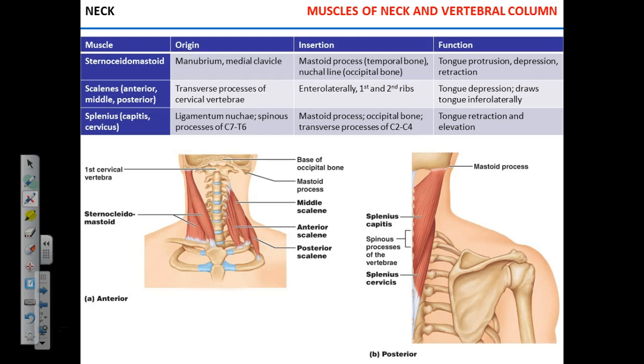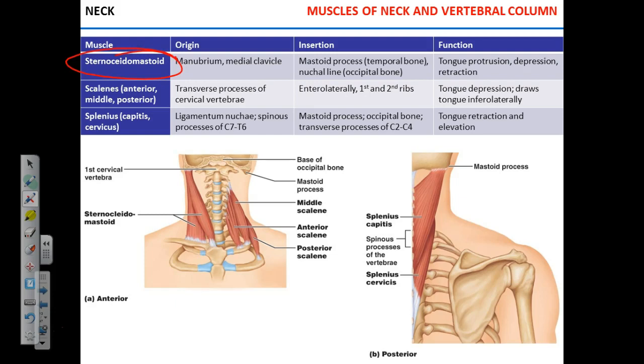Same goes for the vertebral column. It's rotation of the vertebral column, lateral flexion, and flexion and extension. So those muscles of the neck, muscles in your back, and muscles of the abdomen are responsible for those movements. The first muscle that we're going to mention is the sternocleidomastoid muscle.